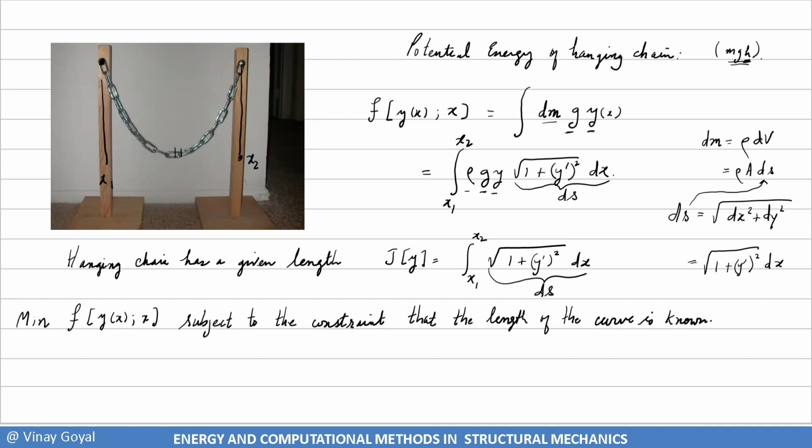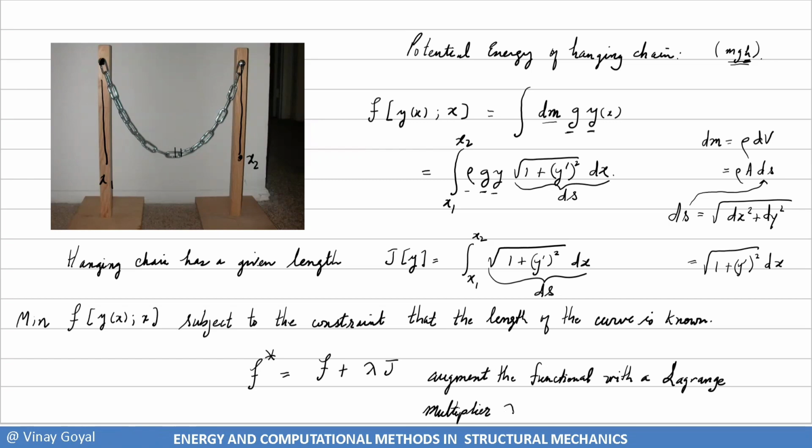For that reason, what I can do now is form and augment this functional. I'm going to call this functional f star, and it will be f plus lambda times j. So we augment the functional with a Lagrange multiplier lambda.